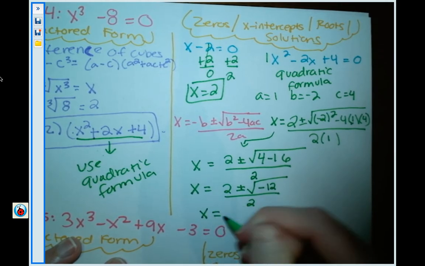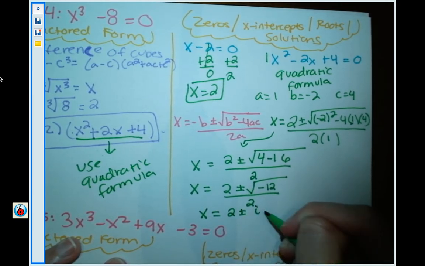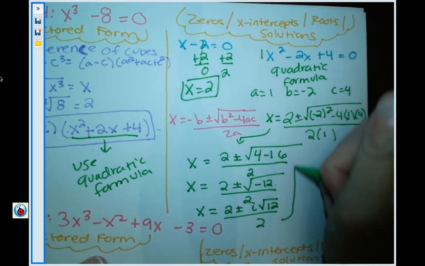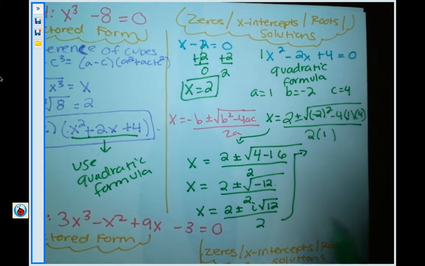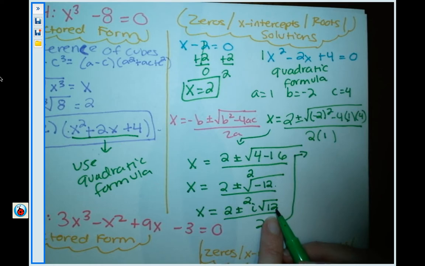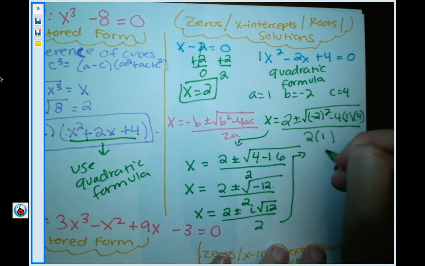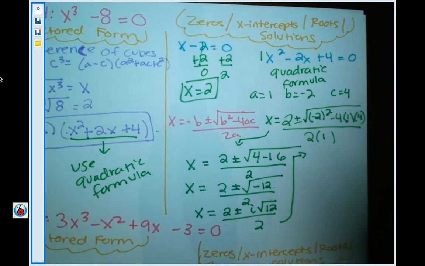So I have x equals 2 plus or minus i root 12, so now my negative 12 is turned into positive 12, all over 2. I'm going to bring this up here because I'm running out of space. Alright guys, so I cannot square root 12. It's not a perfect square, but we can simplify the root by doing our factor tree. So I'm going to do my nifty little factor tree.